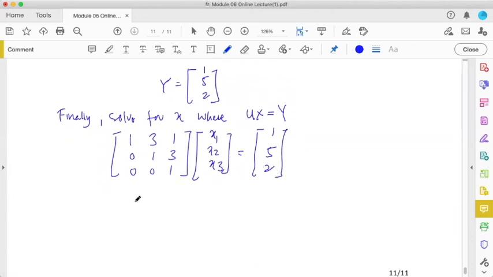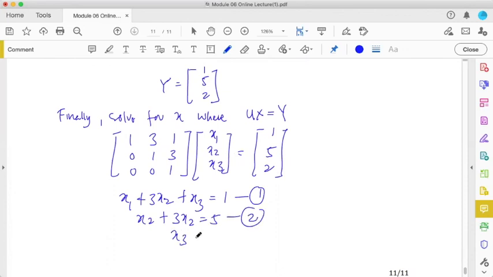If we solve this, we get the first equation as follows, the second equation as follows, and finally the third equation.